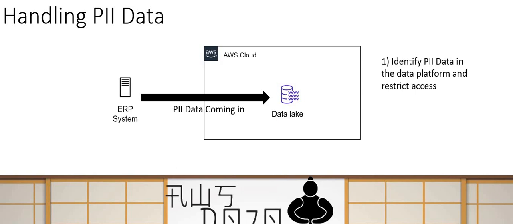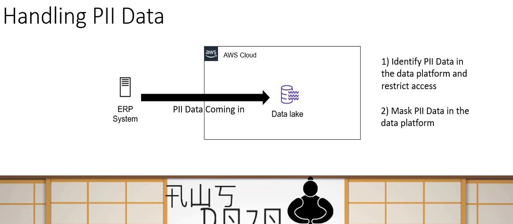So all they want is to identify PII data in the data platform and restrict access to it. They don't want personally identifiable information to be loosely available within the data platform, so that anyone can misuse it, sell it, and compromise people's identity. So one way people handle this problem is to identify the PII information and then simply restrict access to it.